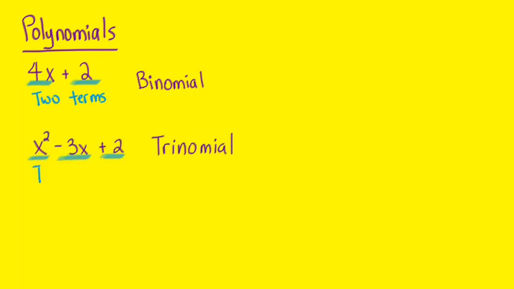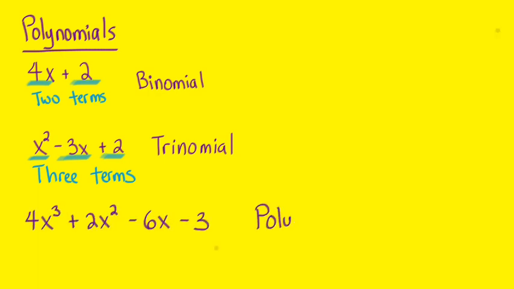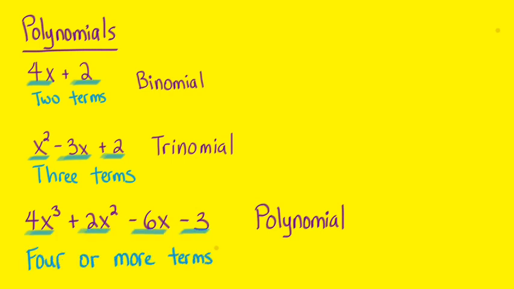This is a trinomial because it has 3 terms, or I like to say 3 people in the family. And any more than that, we call it a polynomial. It doesn't matter if it has 4 or 5 or 6 or 7 or 12. It doesn't matter at this point. Anything more than 3 is called a polynomial.